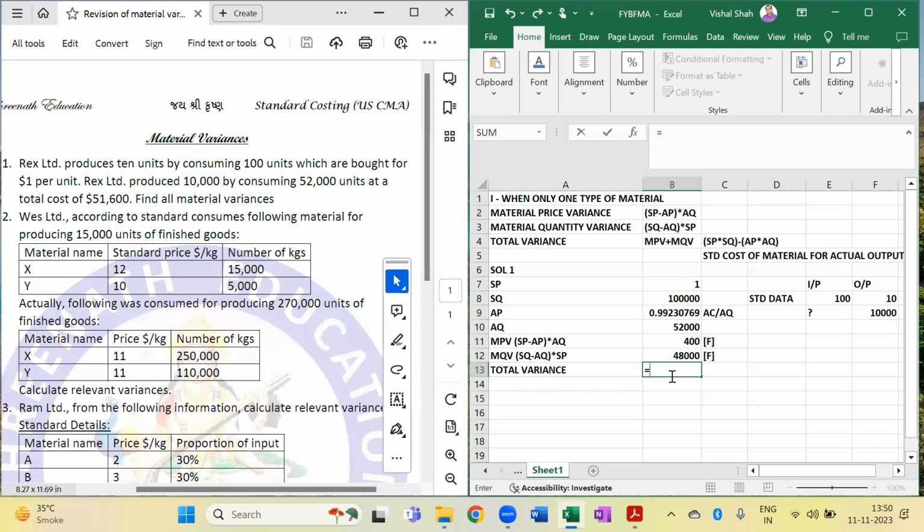So 48,400 favorable. I will rather use the formula for the first time. Yeah, 48,400 favorable.